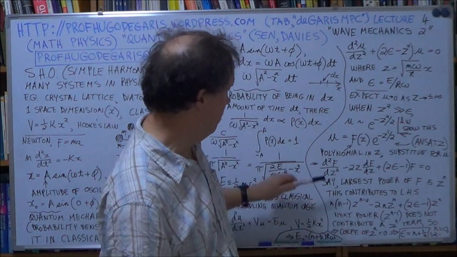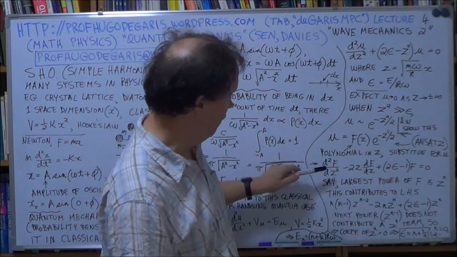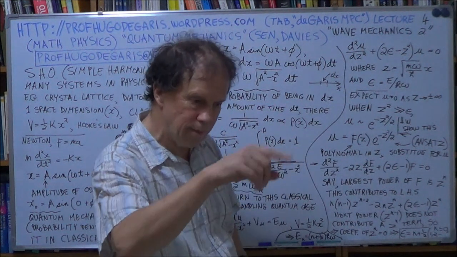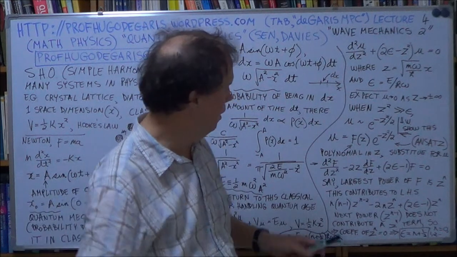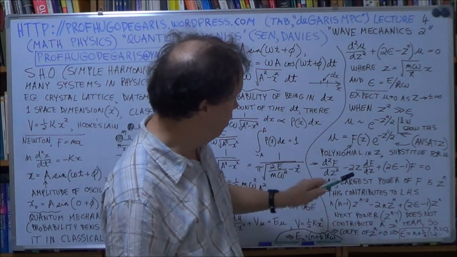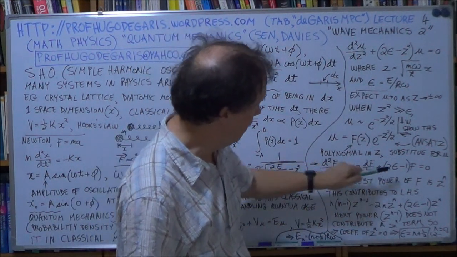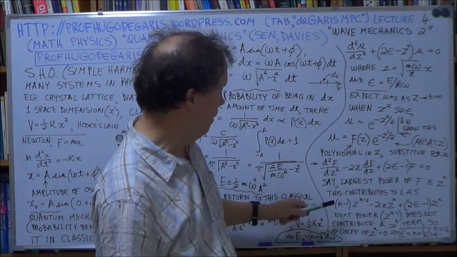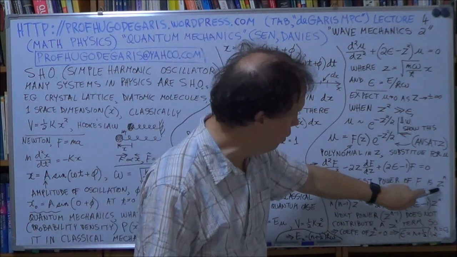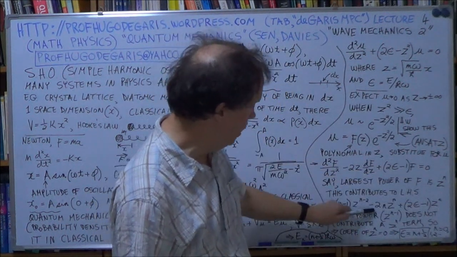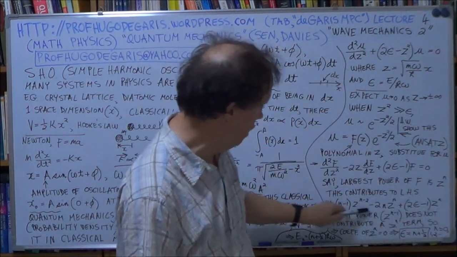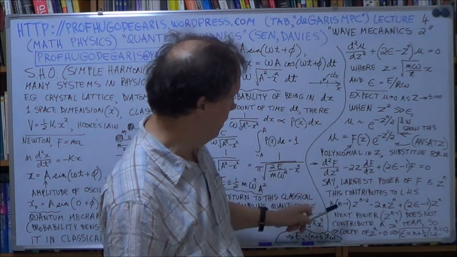So if your f is z to the n plus a z to the n minus 1 plus b z to the n minus 2 and so on, if you put that polynomial into your f here, then due to the z to the n term, you will get this contribution to the left hand side.